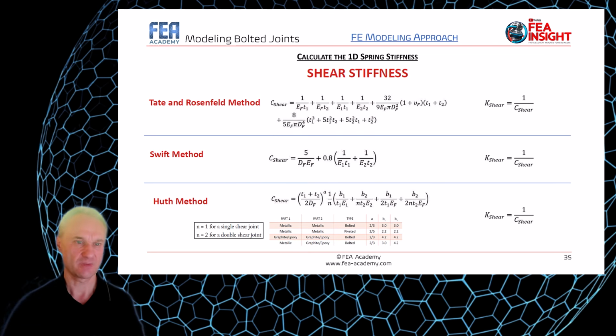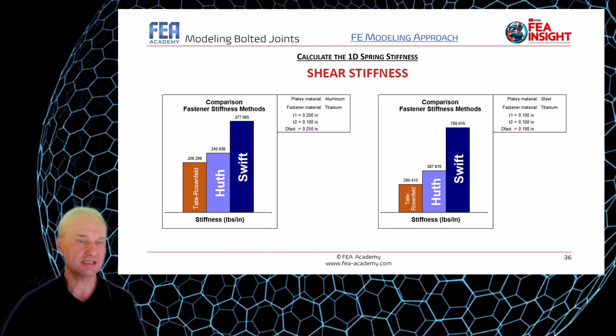On this slide, I want to show you the different shear stiffnesses obtained with the three methods, Tate-Rosenfeld, Hutt, and Swift. First, for a plate material of aluminum, and then a plate material of steel, with a fastener material of titanium in both cases.